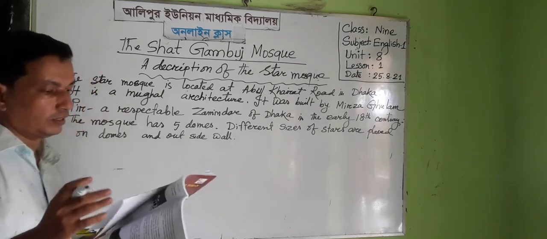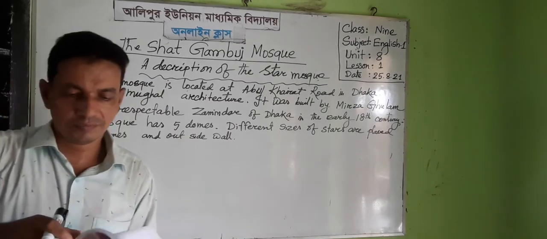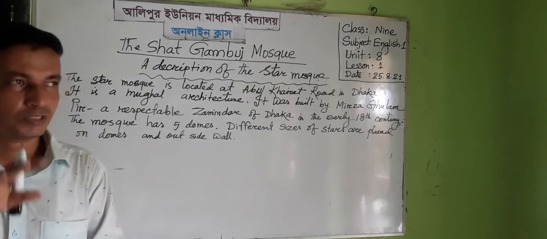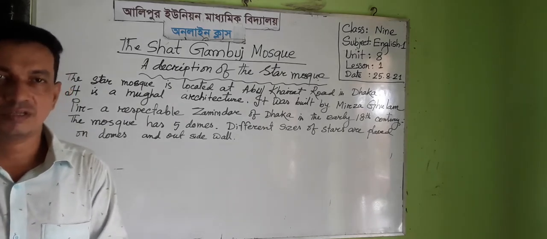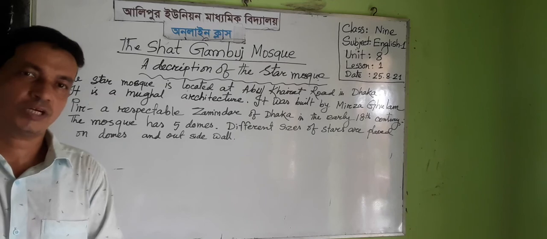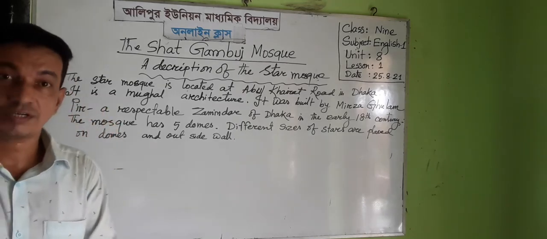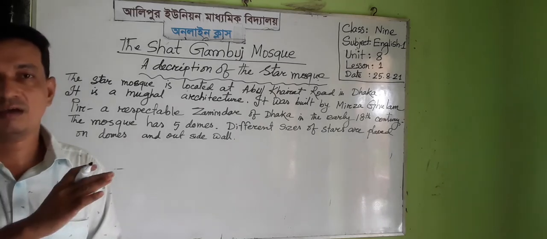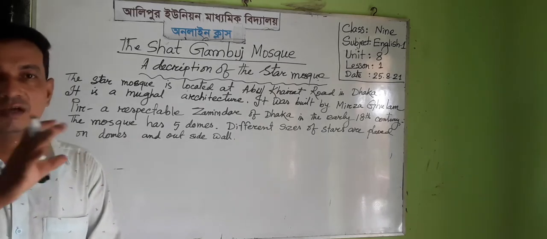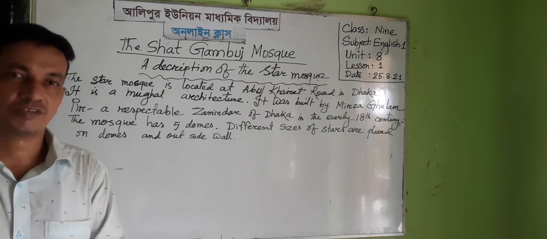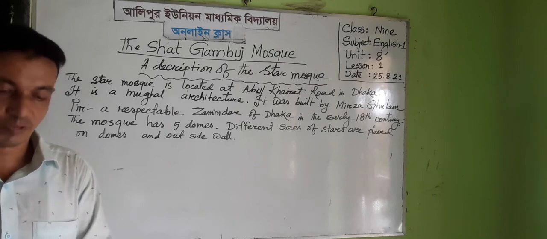Because we know that the mosque is decorated with 5 domes, and on the domes there are so many stars on the domes and outside the wall. So it is called Star Mosque. As stars, the mosque is covered with the decoration of stars, so it is called Star Mosque.